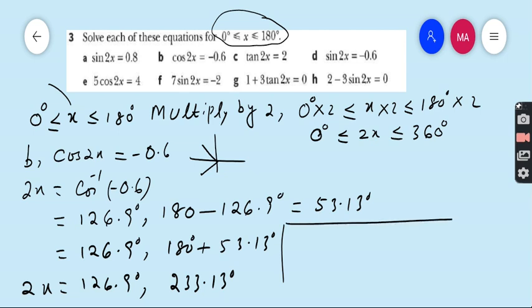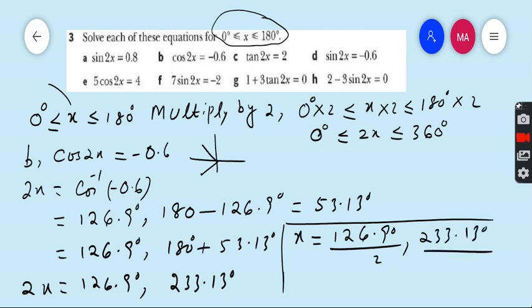But you know, this is not our final answer. Now we have to divide each and every angle by 2, because we need the value of x, not 2x. So 126.9 upon 2, and 233.13 divided by 2.